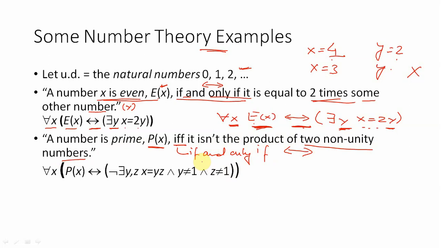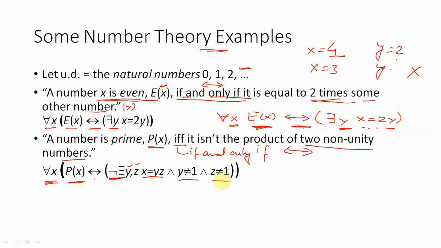It cannot be possible that there are two numbers, both not equal to 1, and their product is equal to this given number. So for all x, P of x, that is x is prime, if and only if there does not exist, see, this is the negation, there do not exist values y and z such that x is equal to yz and y is not equal to 1 and z is not equal to 1.